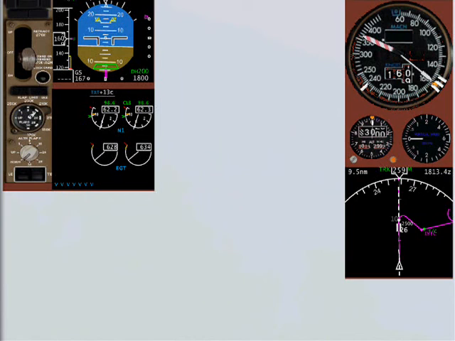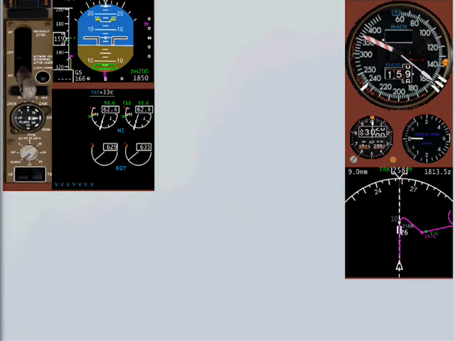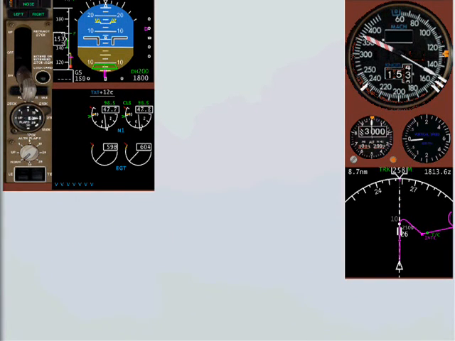Let's see how the glide slope intercept works in practice. Gear down and flaps 20 are selected simultaneously. Flaps 25 and flaps 30 are selected when the gear is full down.